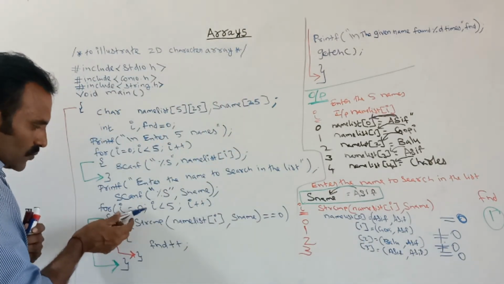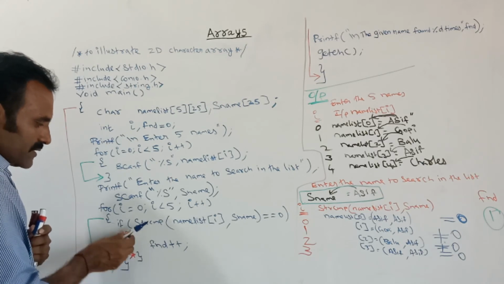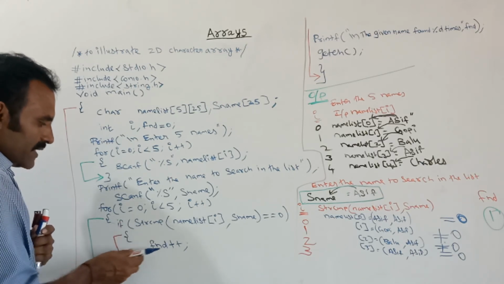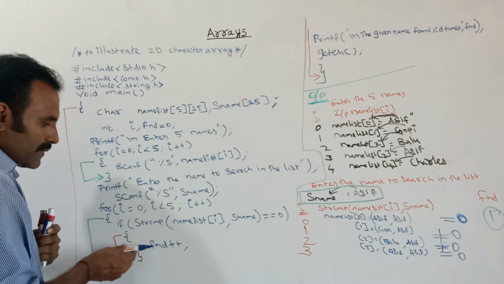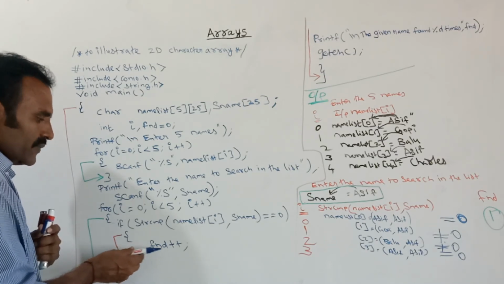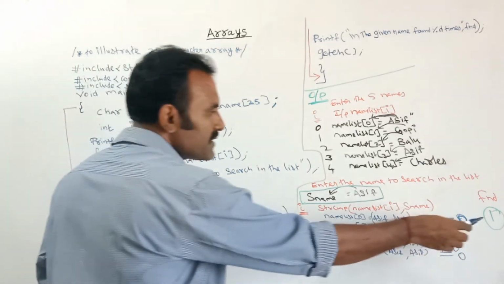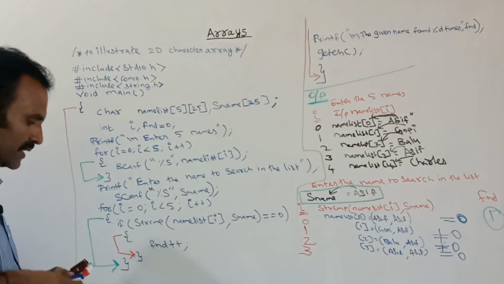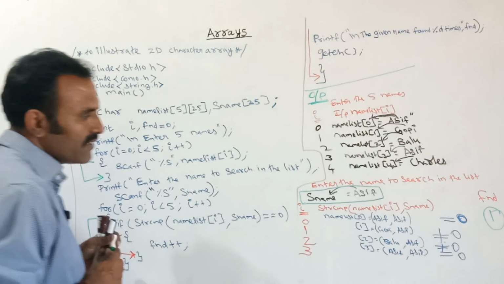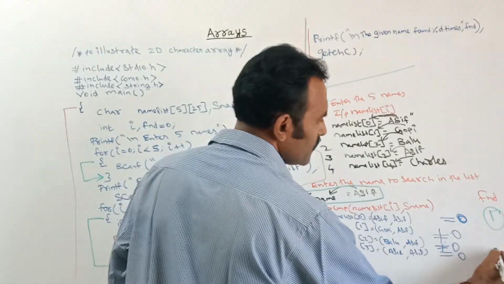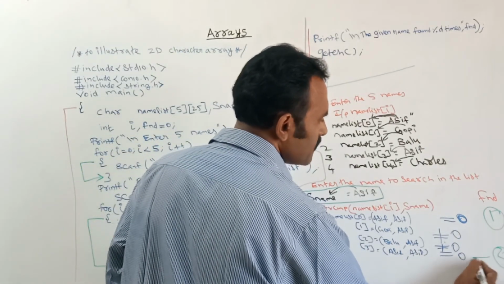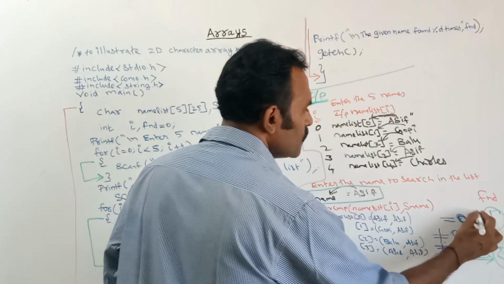Once the condition is true, it goes inside the if condition. Inside the if condition I increment the fnd value, previous value plus 1. The previous value is 1, and 1 plus 1 is 2. In this step fnd holds the value 2.